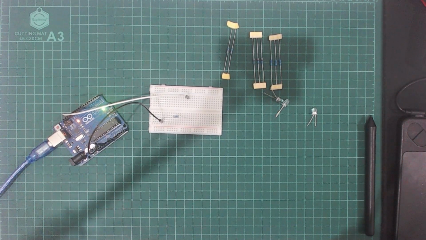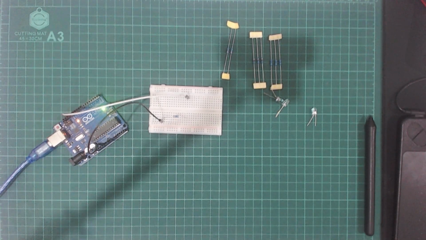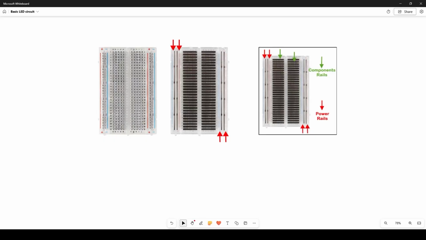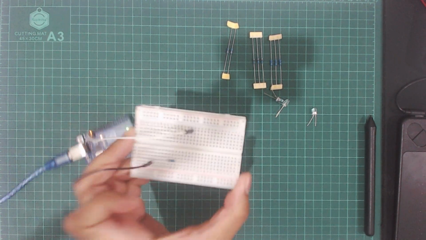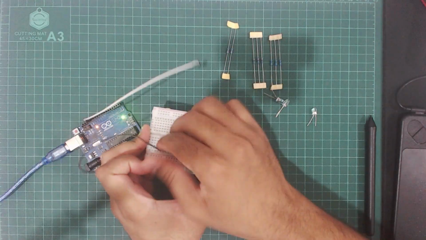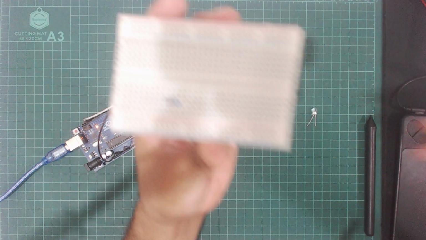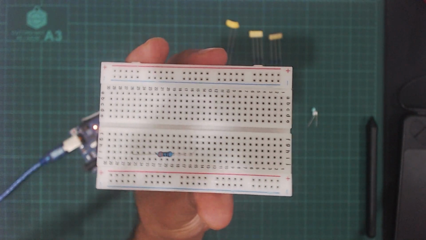So let's move on to understanding breadboards. So what are breadboards? This is a breadboard, and a breadboard provides you the capability to prototype.